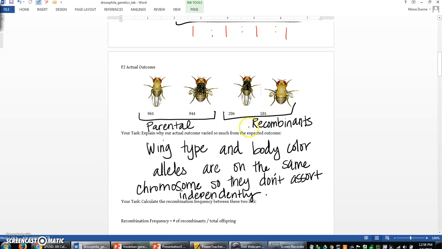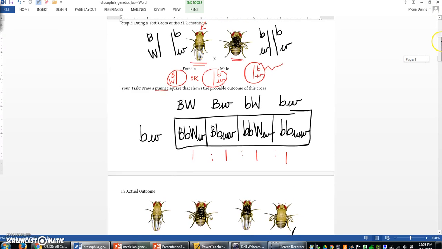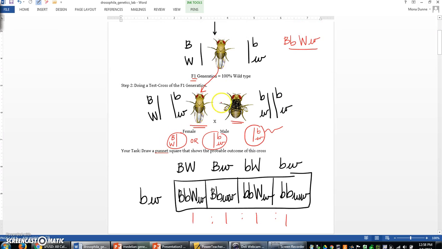So how do we get these recombinants? If these are on the same chromosome, why do we get these? A little bit of shuffling here, and that we said was due to crossover. Let's think about how that crossover could happen. Remember, during S phase, identical copies are going to get made. Kind of hard to fit in there, but these are going to form a tetrad and crossover is going to happen.